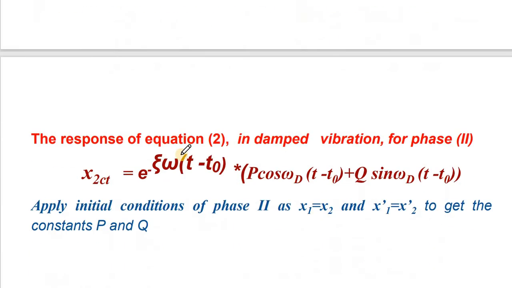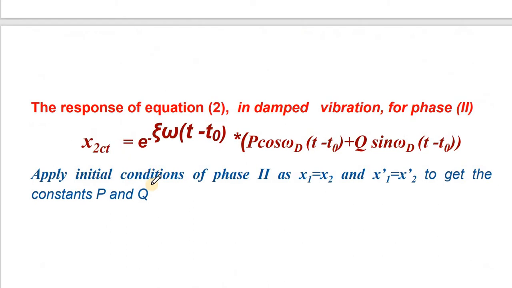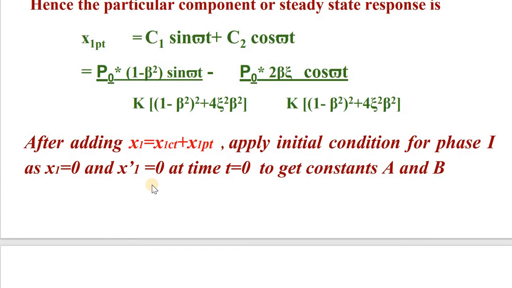Then applying the boundary condition, I can find x2 complementary, in a similar way. So from here I can find the constants a and b. The total solution will be like this: x1 is equal to x1 complementary plus x1 particular.